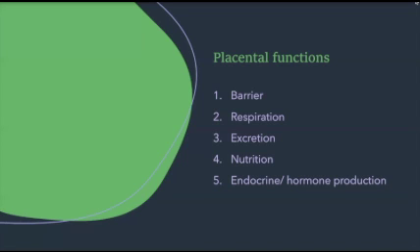Nutritional function of the placenta: since the permeability of the placenta to glucose is much greater than would be expected from its lipid solubility, it is now known that there is a specific transport mechanism for glucose. This is known to be an integral membrane protein.